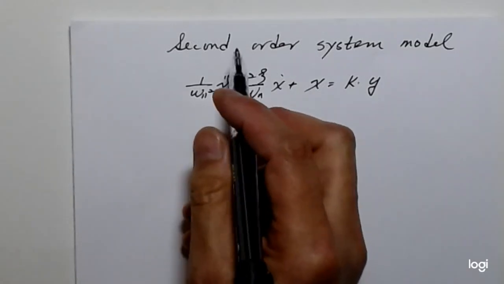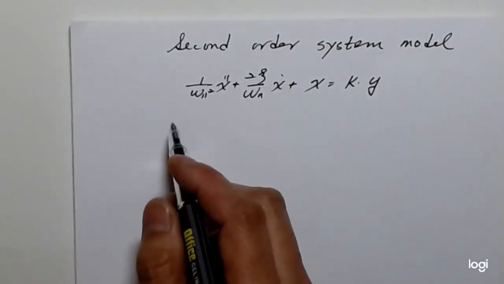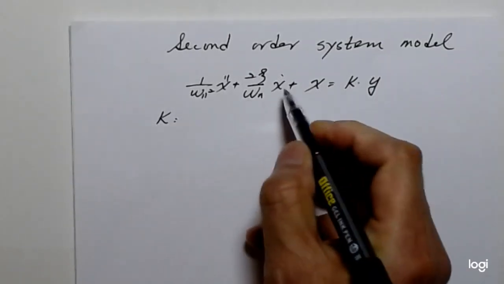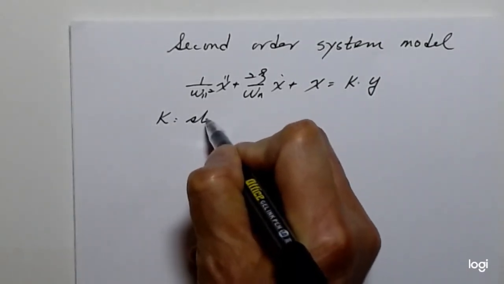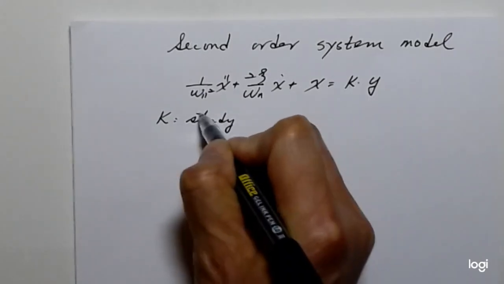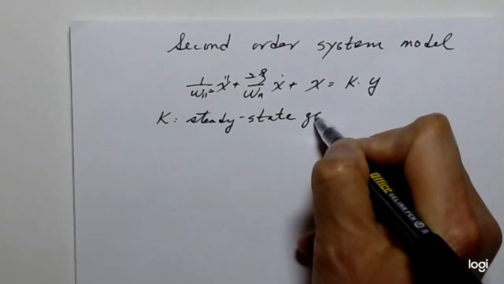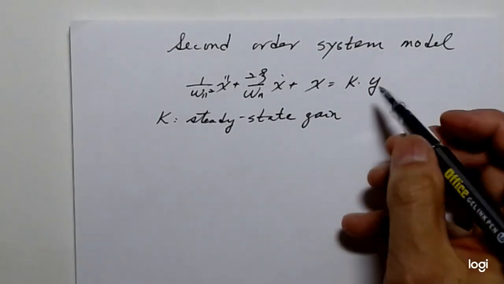There are three system parameters we want to identify for the second order system, which is capital K, the steady state gain, or what we call static sensitivity.